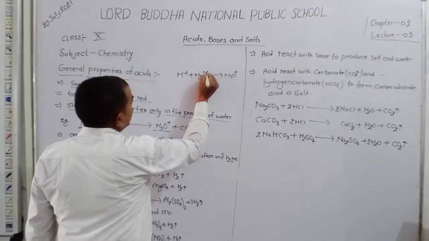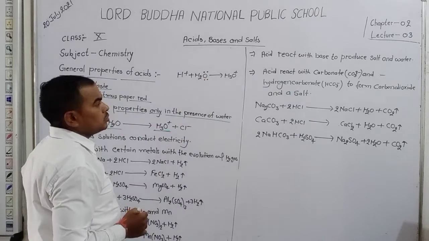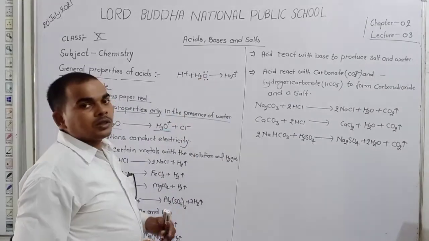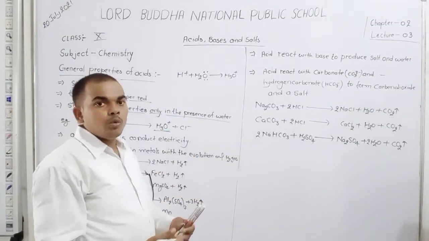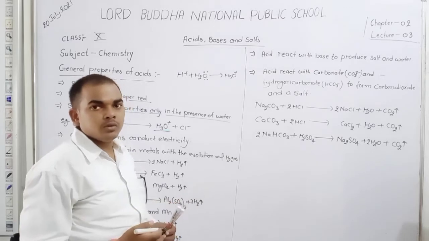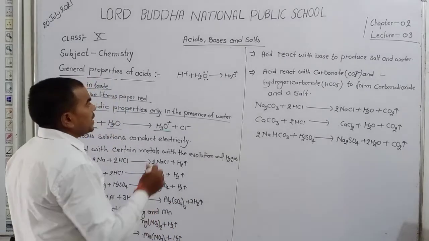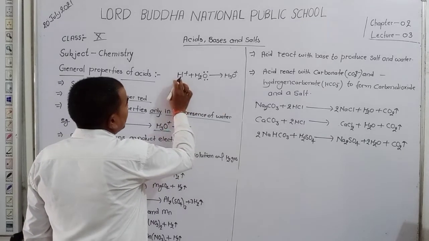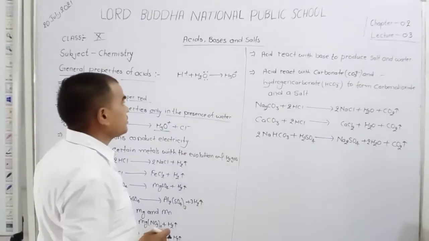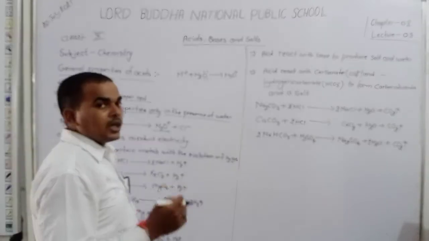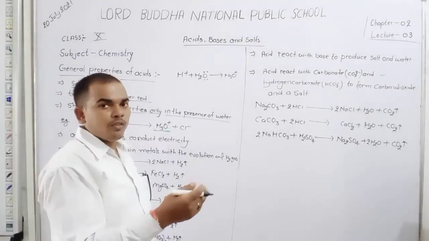Dear student, in H2O, two lone pairs, meaning two pairs of unbonded electrons, are present. Here hydrogen has a positive charge; it is electron deficient hydrogen.